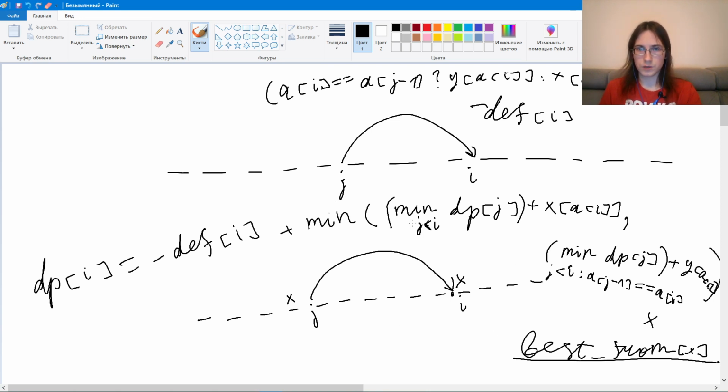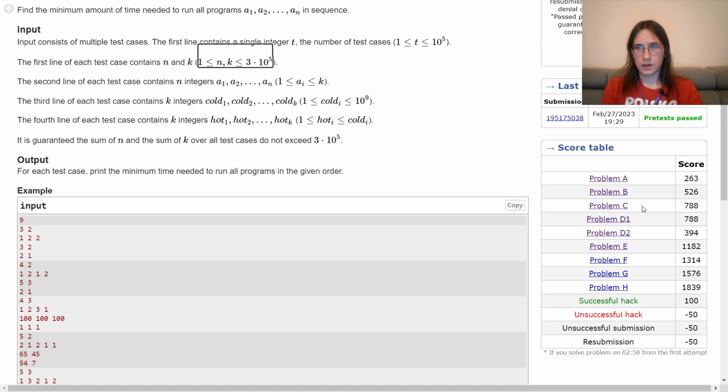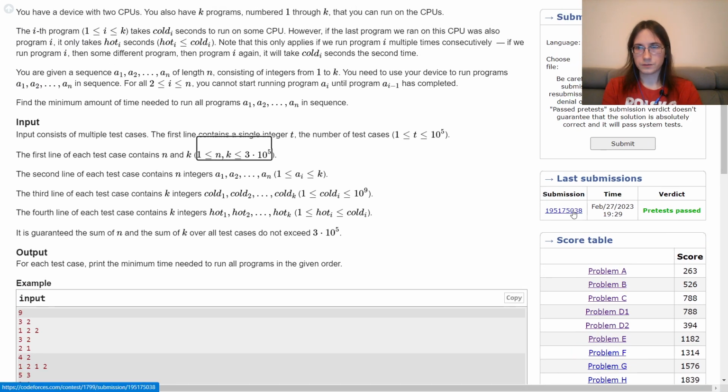So we need to keep track of just the minimum dp that occurred so far. When we calculate dp of i, we update the minimum dp that occurred so far, and we also update best from for a i minus 1. This solution works in O of n plus k. And let's see how it's implemented.